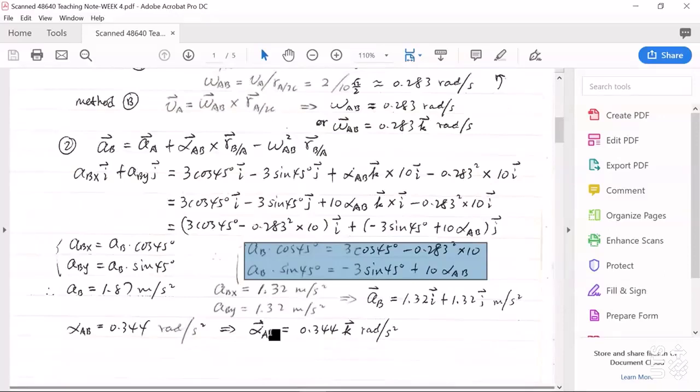Okay, you know alpha AB is acceleration, it's a vector, so we must indicate its magnitude and direction using a vector form. Everything will be very clear.